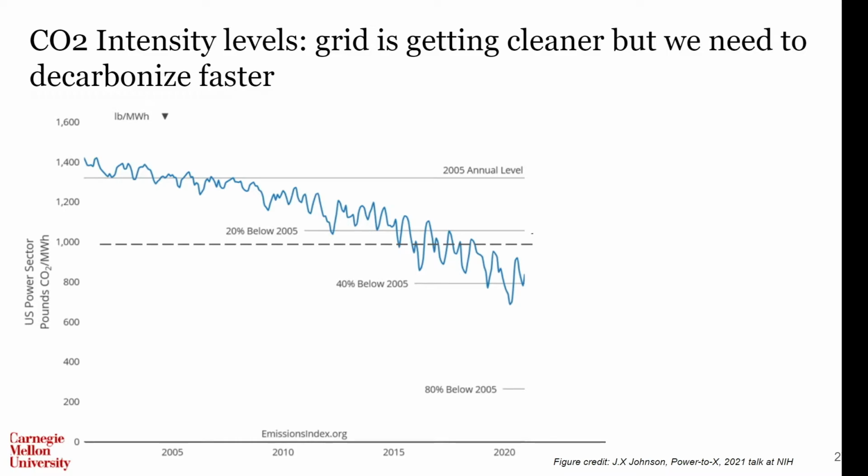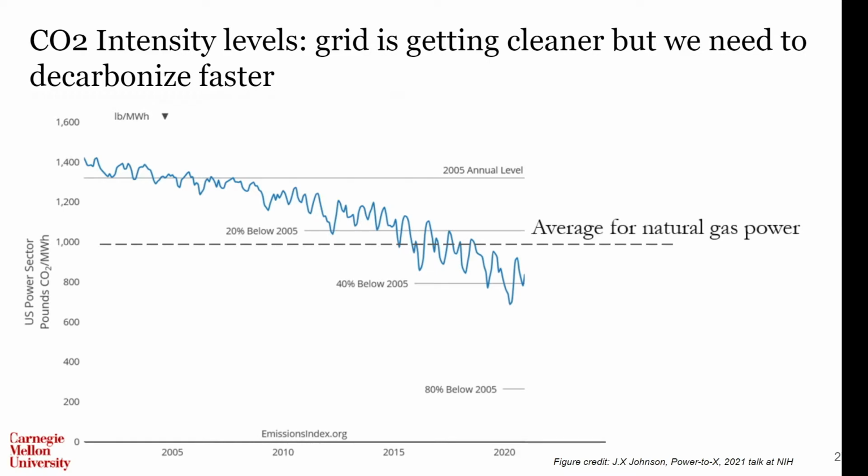And on the x-axis you have a timeline from 2000 to 2020. You can see that we've reduced the carbon intensity of the grid at a huge pace in the past 20 years. We started off around 1,400 pounds of CO2 per megawatt hour, and currently we're roughly around 800 pounds of CO2 per megawatt hour.